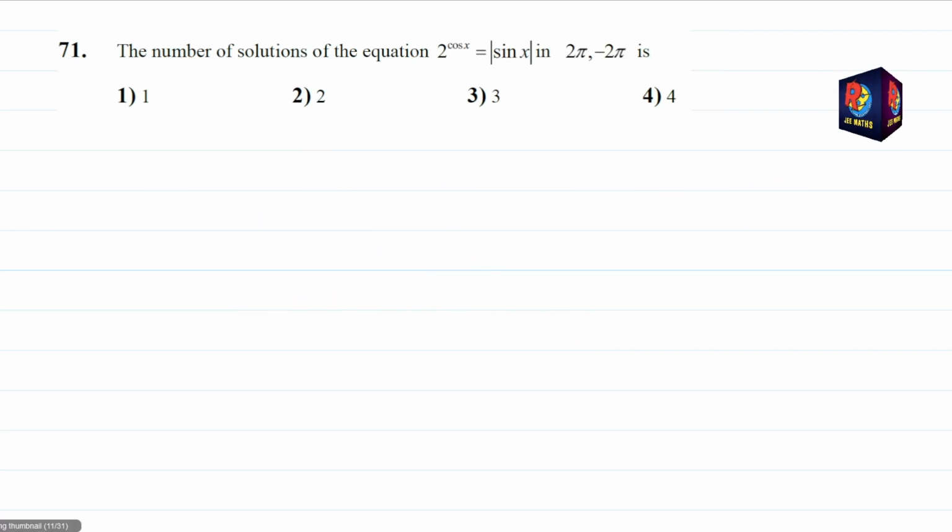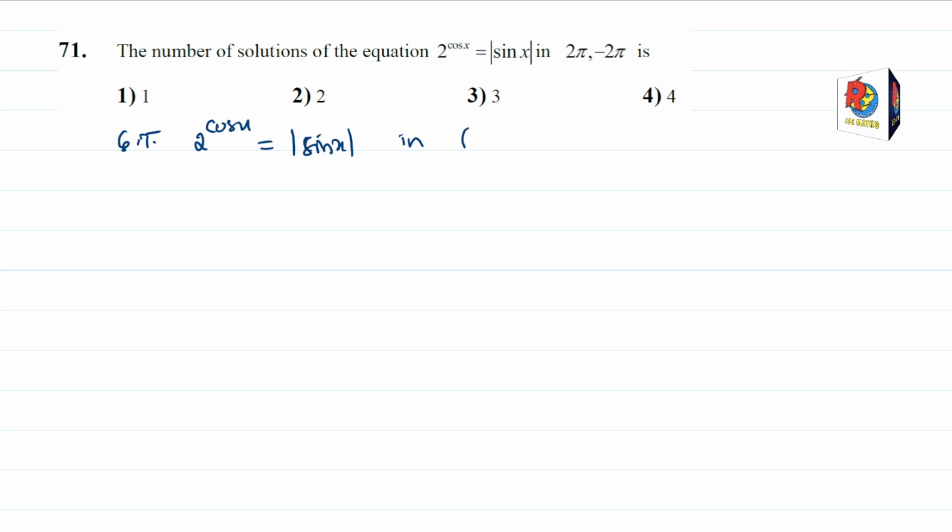Next, 71. If you go for the 71, the given information is 2 power cos x equals modulus of sin x. We need to find the solutions from minus 2 pi to plus 2 pi.